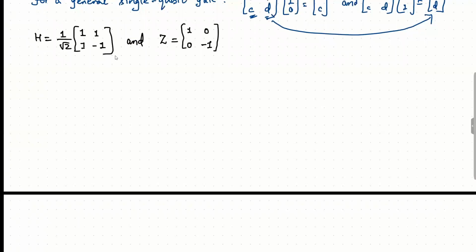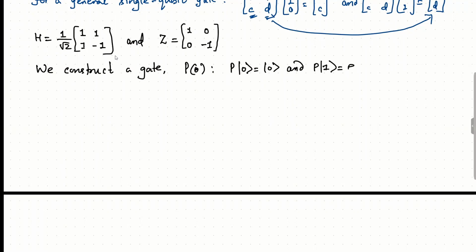So with the same logic, if we want to construct a gate, let me call it P of theta, such that when P applies to 0, it does nothing, and when P applies to 1, it gives us e to the power i theta times 1.